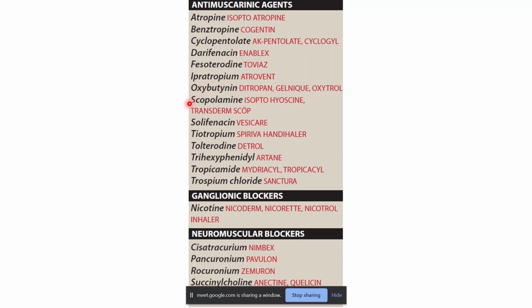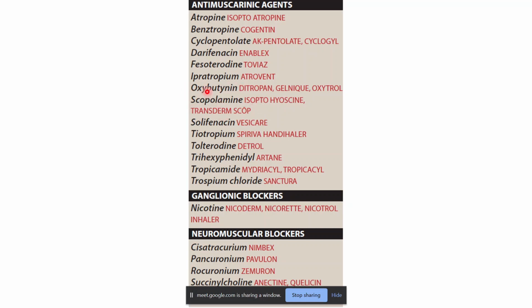Then scopolamine is also a naturally occurring substance, and scopolamine is used for treating motion sickness, including sea sickness and air sickness.